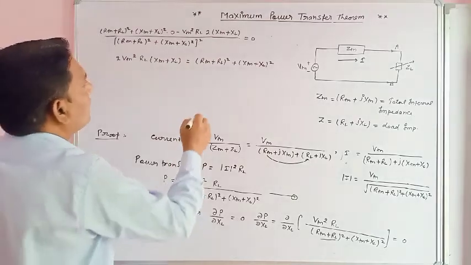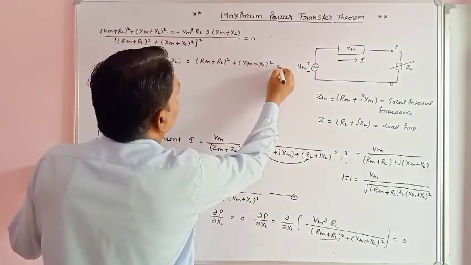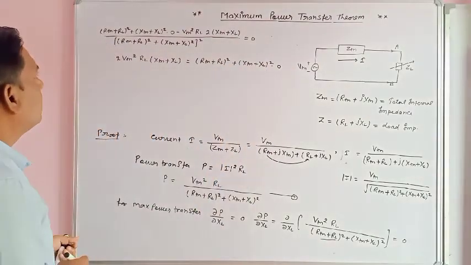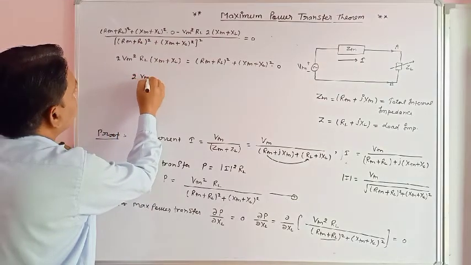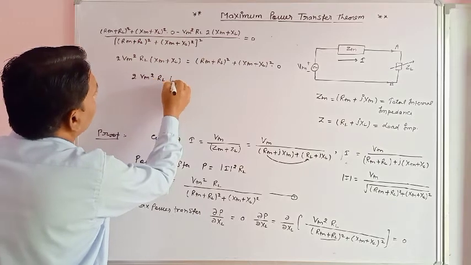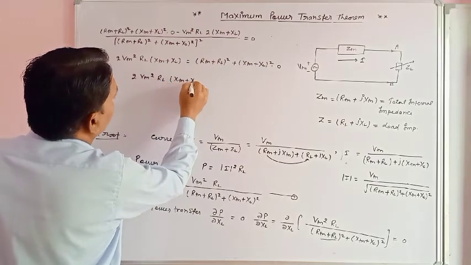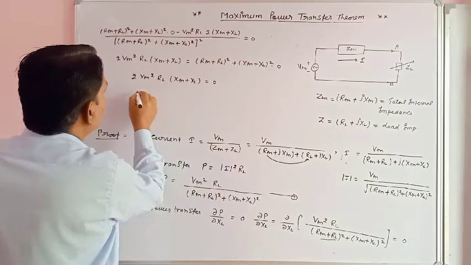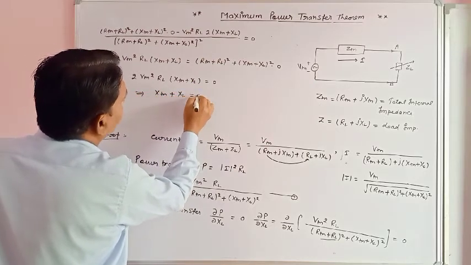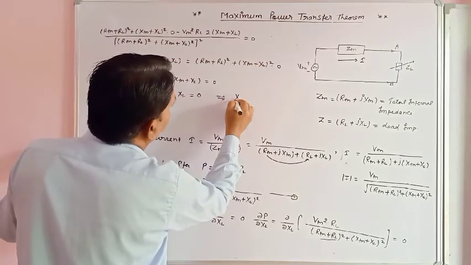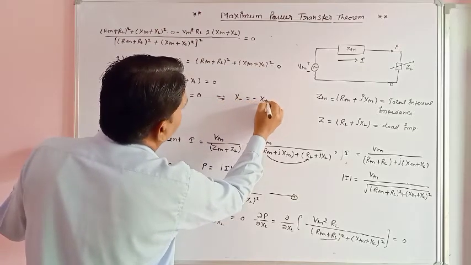This term, the denominator part, is 0. So from here we get VTH square RL into XTH plus XL equal to 0. This gives XTH plus XL equal to 0, and the condition we get is XL equal to minus XTH.